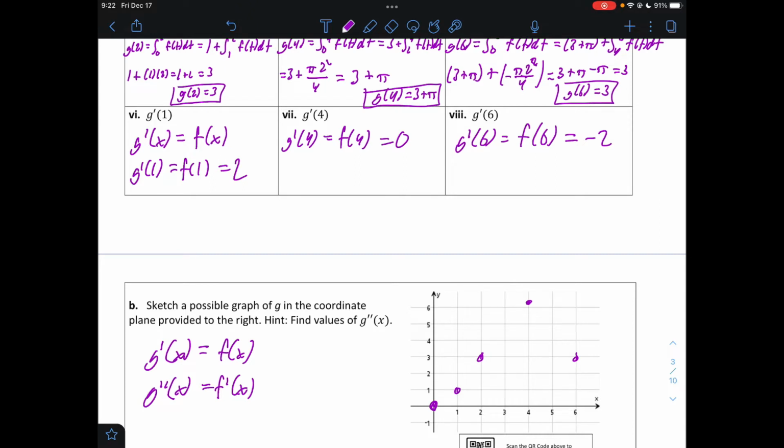But I think we have enough information here to graph this. Basically, we would have something that looks a little bit like this, as our graph. Is that a perfect graph of g? Probably not, but it's probably pretty close to what g would look like.